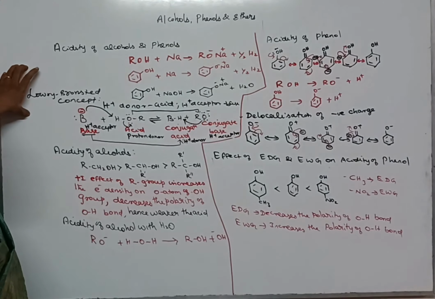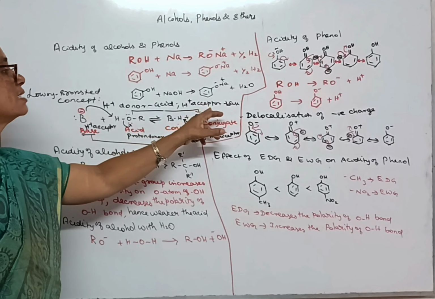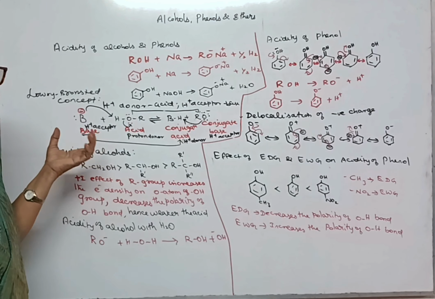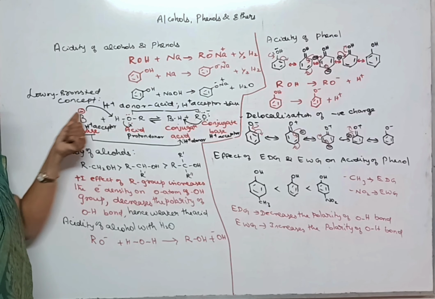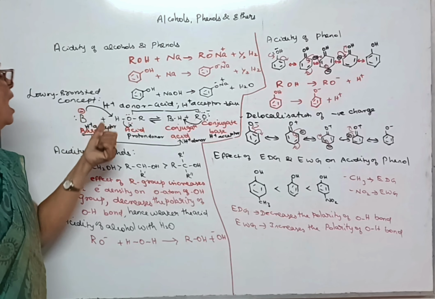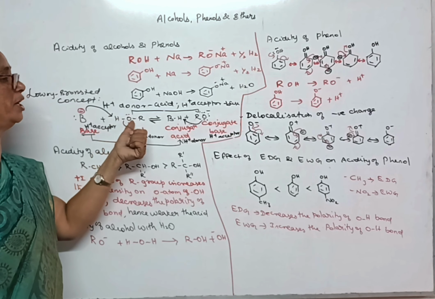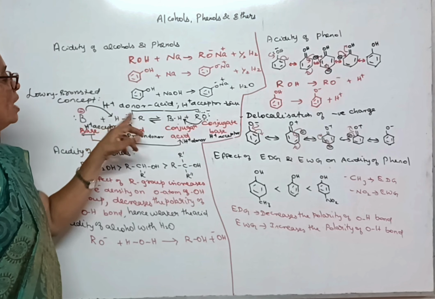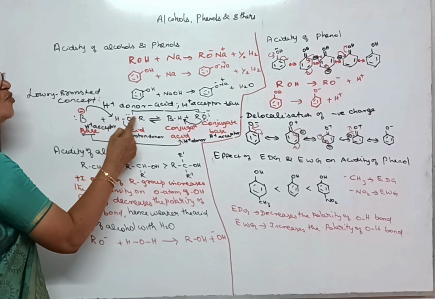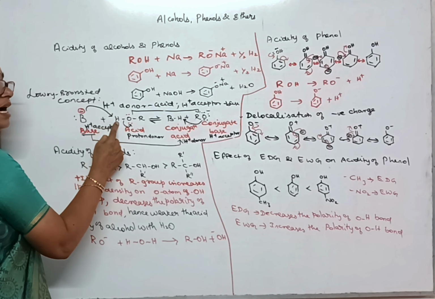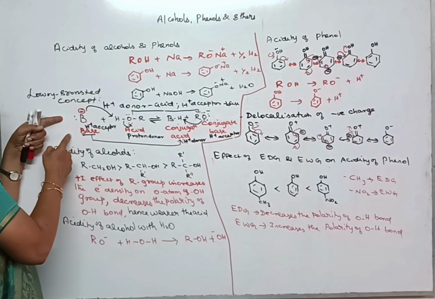According to the Lowry-Bronsted concept, a proton donor is an acid and a proton acceptor is a base. Let us take an example: a base designated as B minus, having a pair of electrons. In alcohol, which carries the OH group, oxygen is more electronegative and hence withdraws the electron from the OH bond, so the hydrogen becomes a proton, which is abstracted by the base.